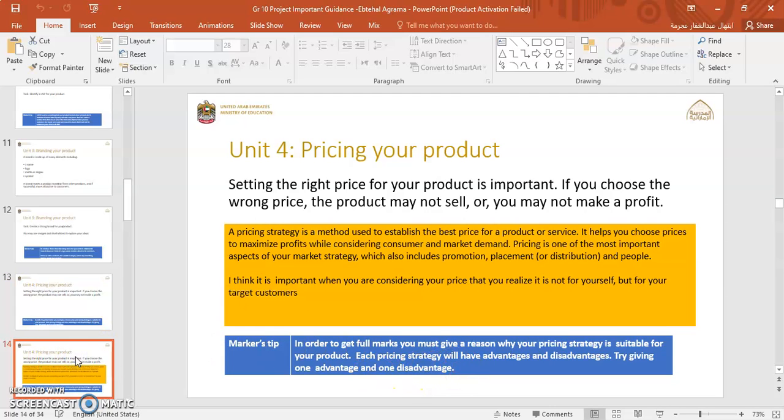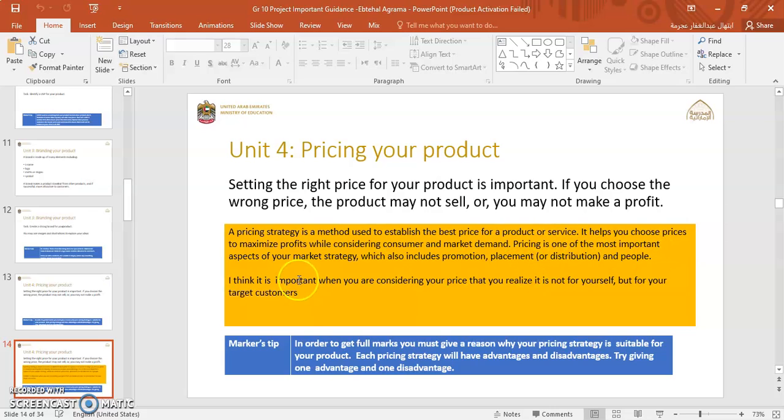So, here I give you some information about a pricing strategy. Let's read together. A pricing strategy is a method used to establish the best price for a product or service. It helps you choose prices to maximize profits while considering consumer and market demand.